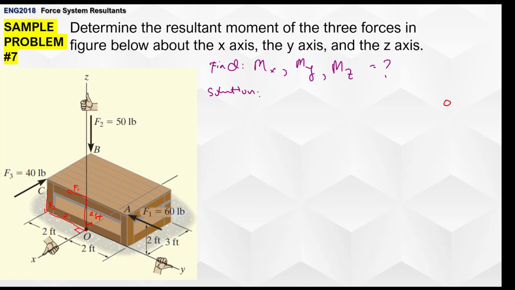This is 2 feet, and it's counterclockwise as well, so that's going to be positive. How about F3? F3, however, acts along the same line as the axis of rotation. So F3 is 0 for the moment about the x-axis.